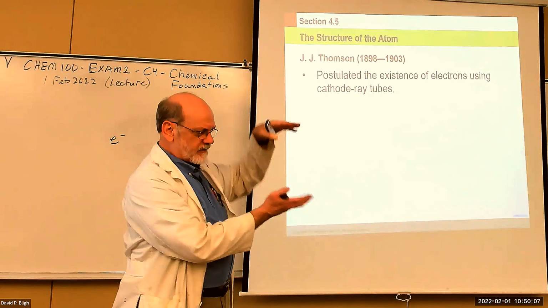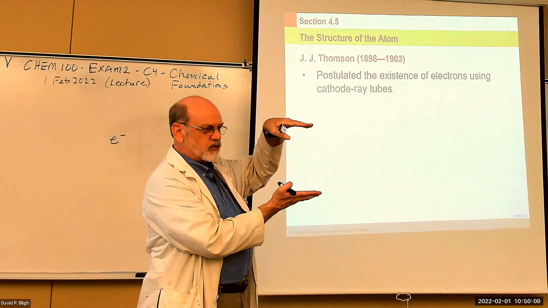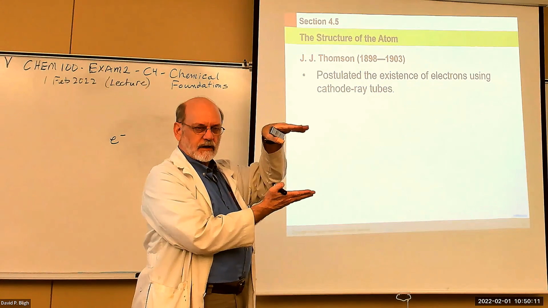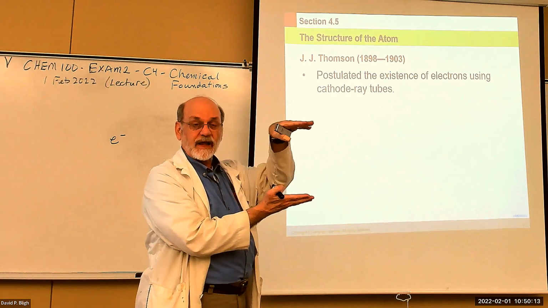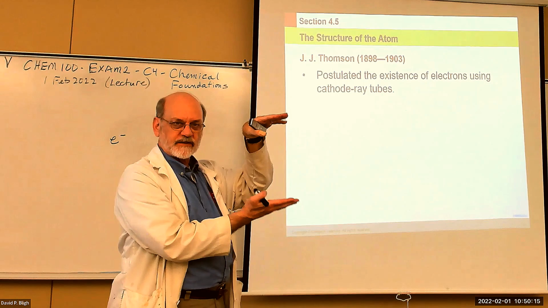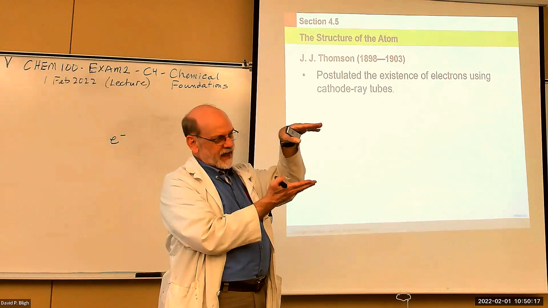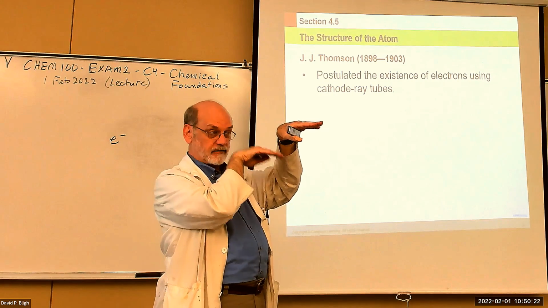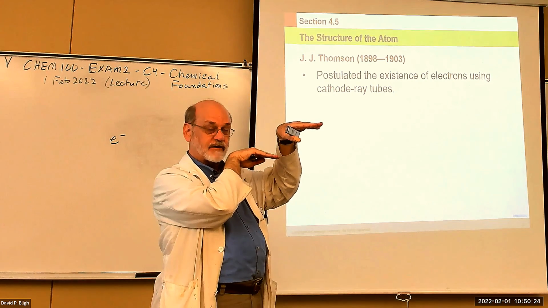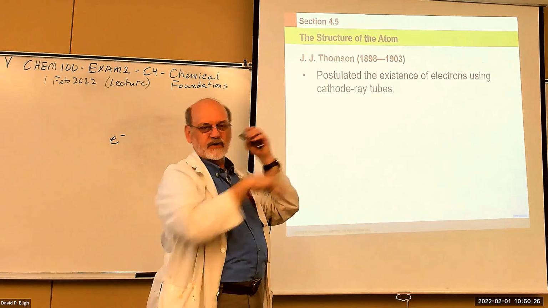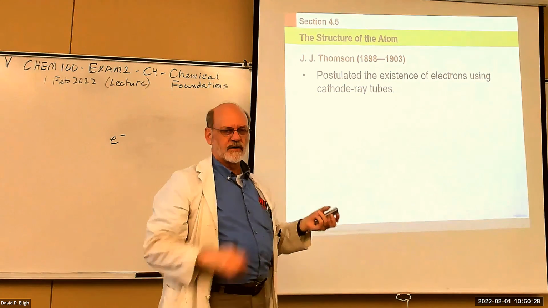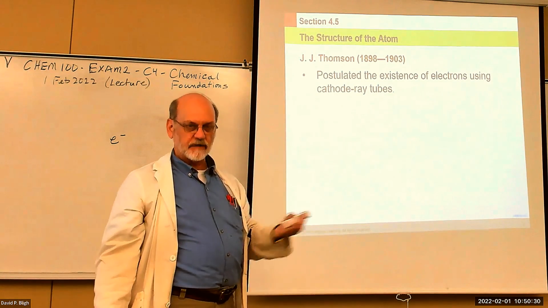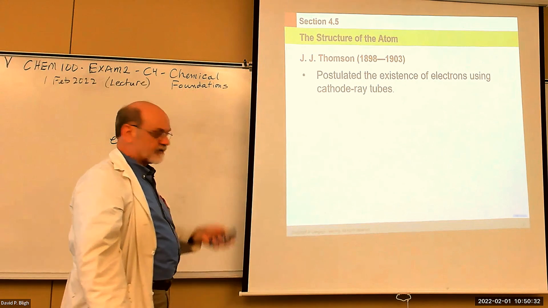So on either side of that evacuated tube, he put more electrical plates, and he knew one was positive, one was negative. And when he did that, the beam bent toward the positive. It was in an electric field, so the negative particles were attracted to the positive. So we knew they were negative. And he did the same thing with magnets and confirmed that the particle was negative.